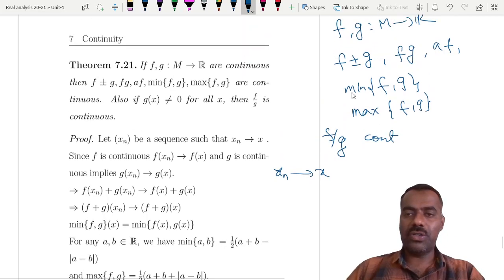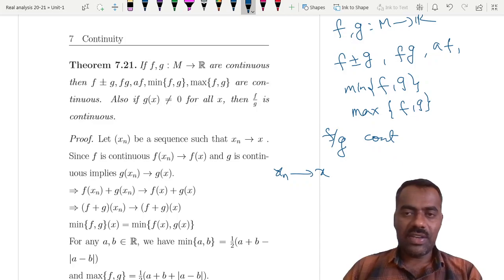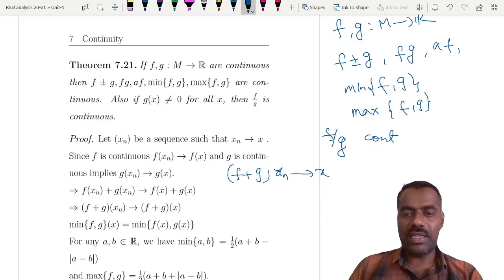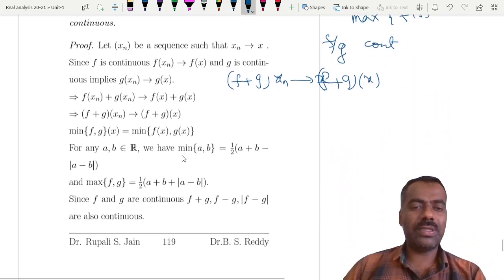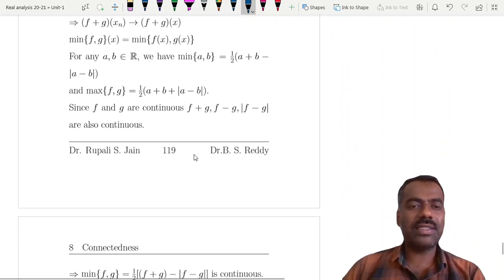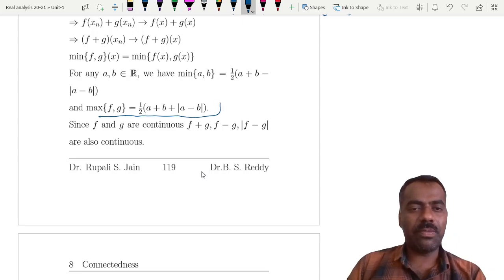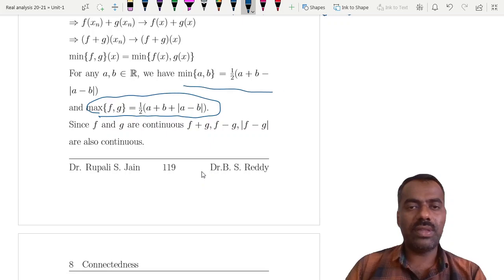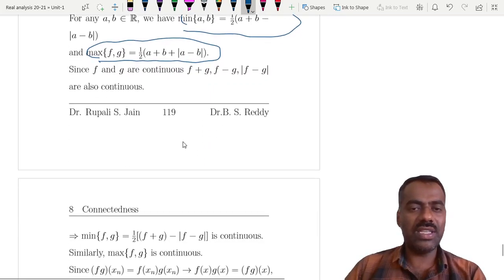If you want to show that f plus g is continuous, then take f plus g of xn and show that it converges to f plus g of x with the help of f and g being continuous. This proof is not at all difficult, so I skip that. Use the formula for the maximum of f and g, which you should understand better, and the minimum of this one. If you understand minimum and maximum, it is very easy to get it.